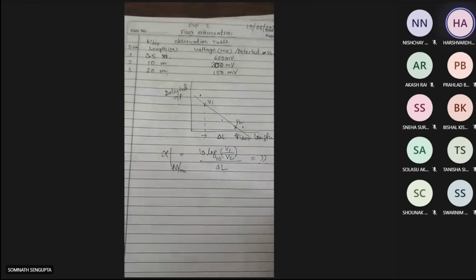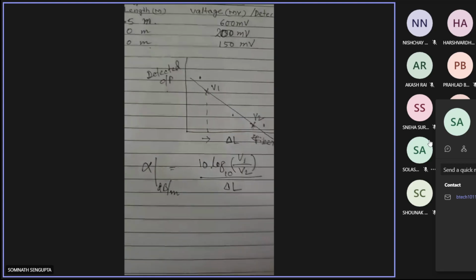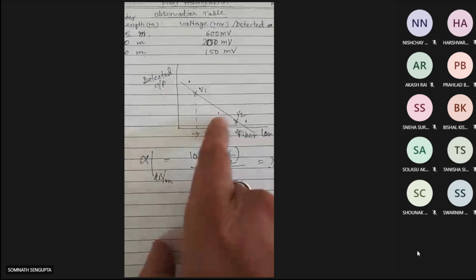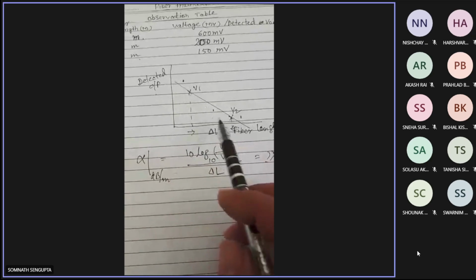Is it clear? Yes, sir, this is clear. You see that there are 3 points, 1, 2, 3, 3 dots. This point, and this point.